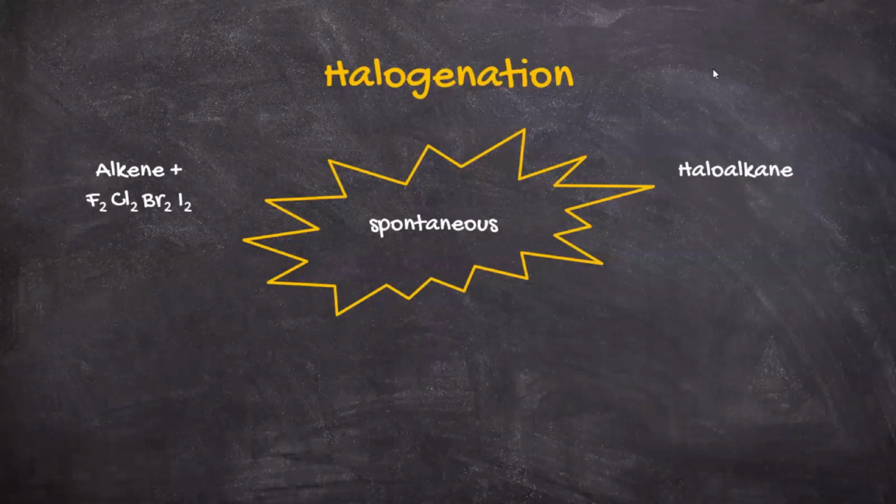Because if you had a polar solvent and you have polar halogens, they're going to compete with each other. They're too similar. They're going to compete for the same reaction. So that's why you want a non-polar solvent for halogenation.